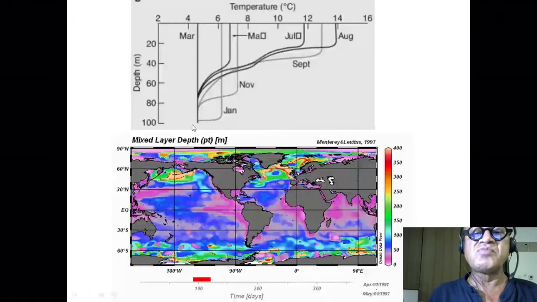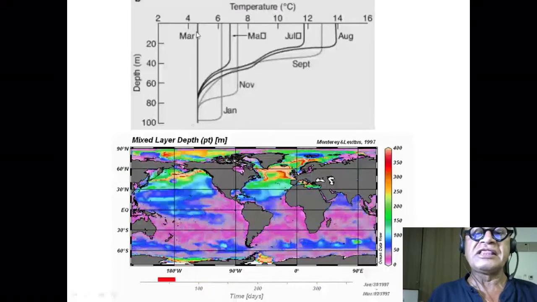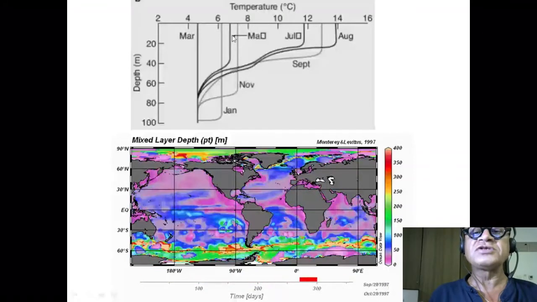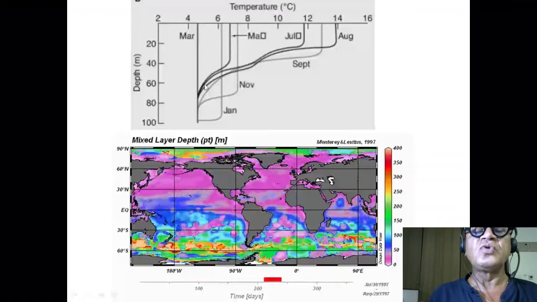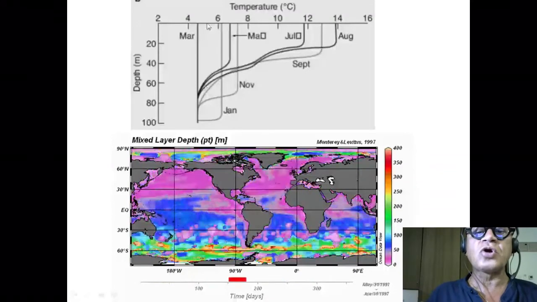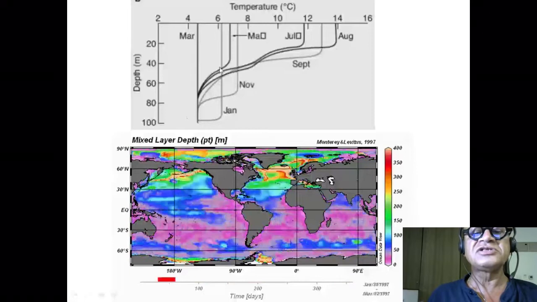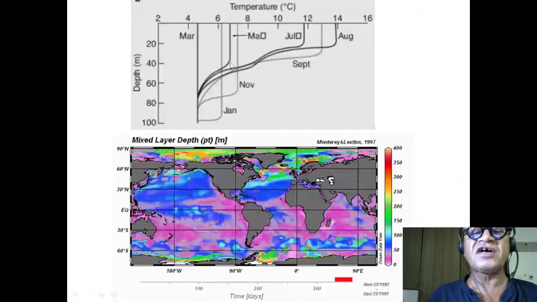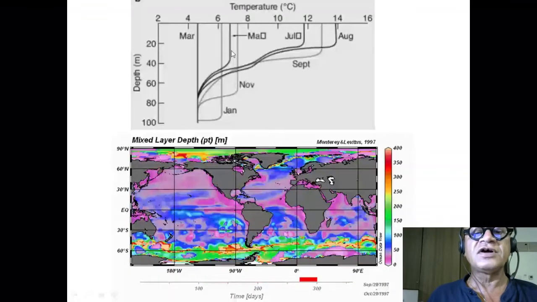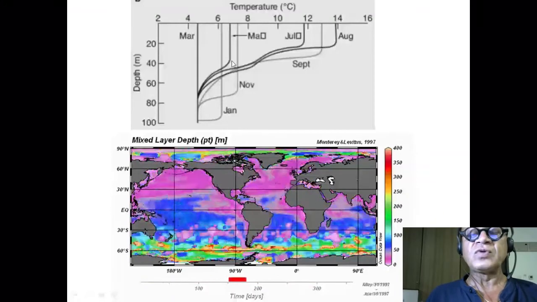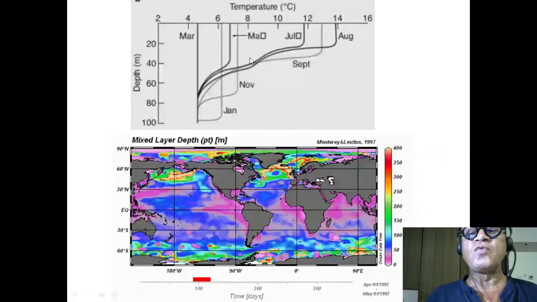Maximum cooling happens in March, and then the sun begins to come north across the equator. So by May you are beginning to re-stratify the water column. The well mixed layer down to 100 meters is beginning to re-stratify. Suddenly you have a mixed layer that is just 40 meters. Okay, and the warming continues.